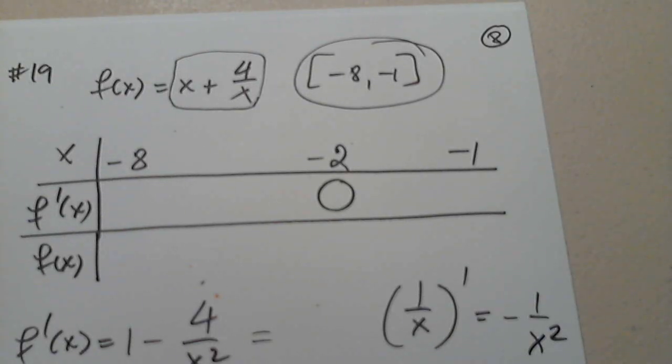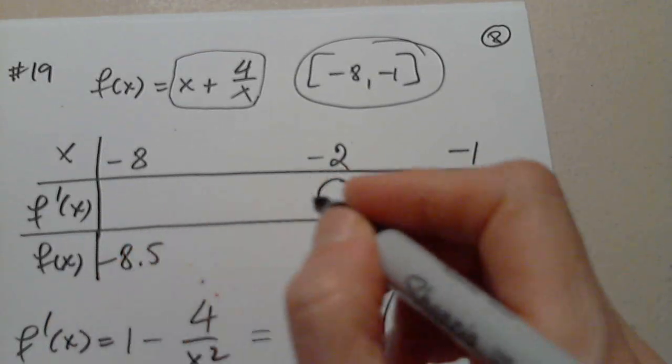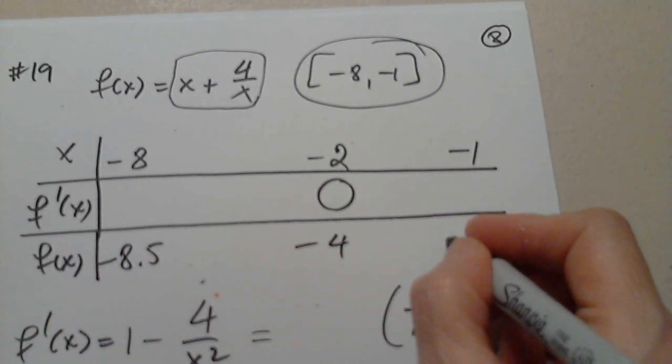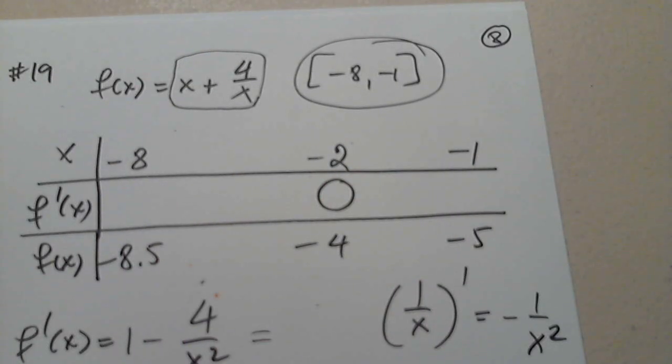And in y equals, clear, x plus 4 divided by x, and plug in -8, -2, -1. So I got -8.5, -4, and -5 respectively.